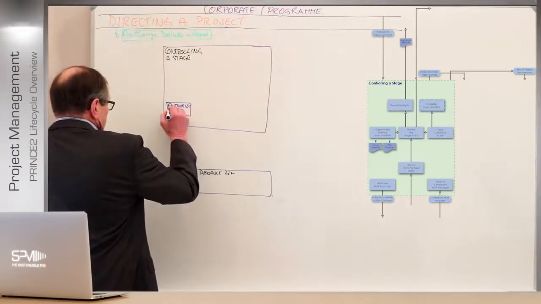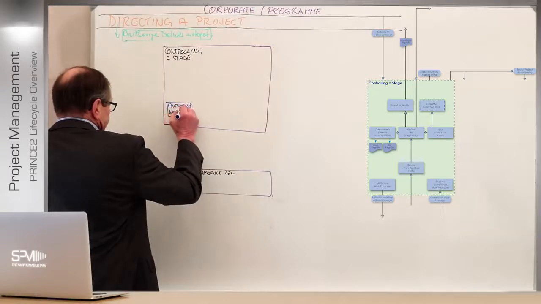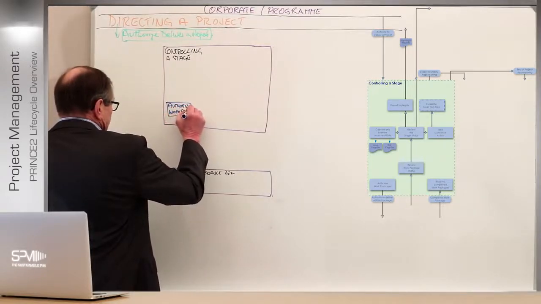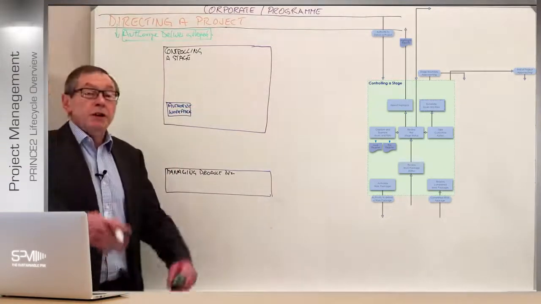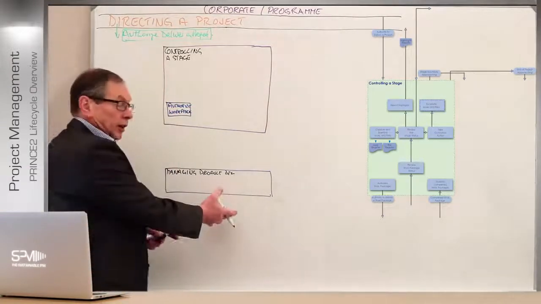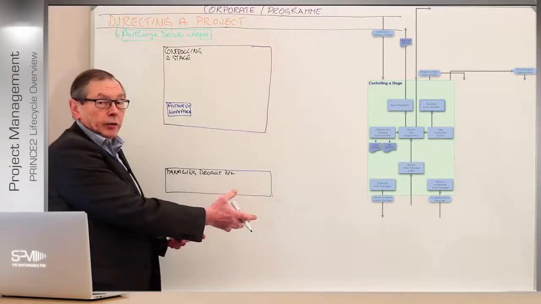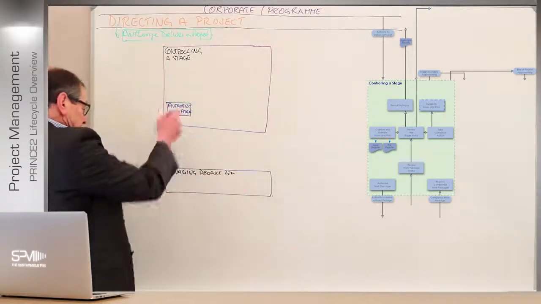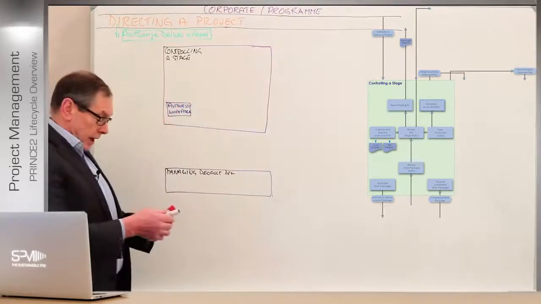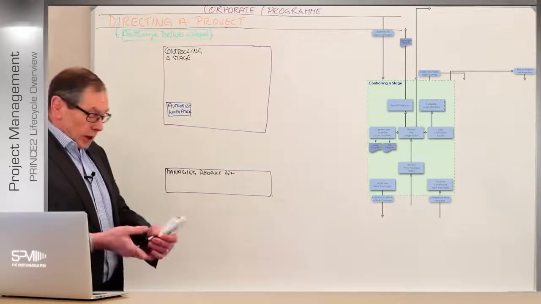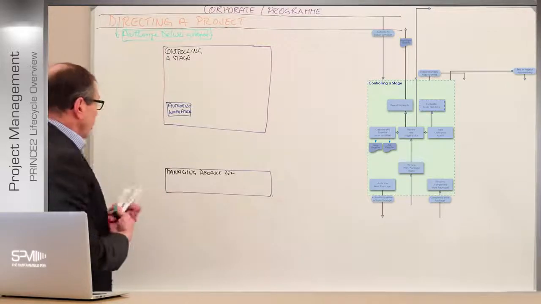And that will be done in consultation with the team manager. Now, the team manager works down in the product delivery process. So in PRINCE2, the project manager will work here, and alongside the team manager will authorize the work package.